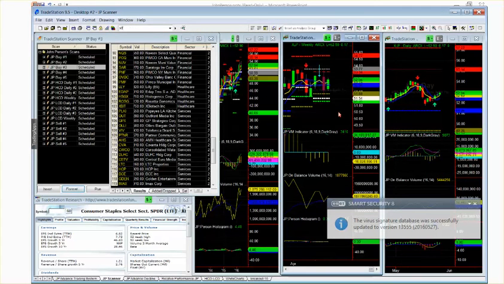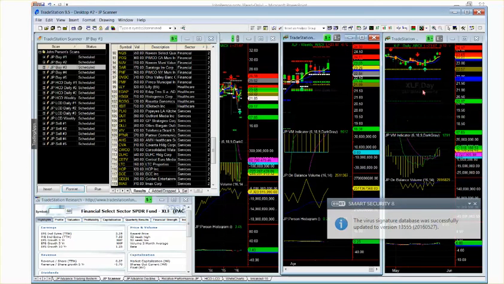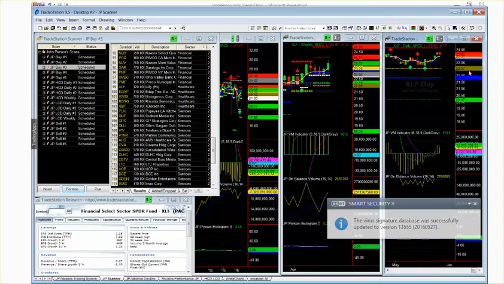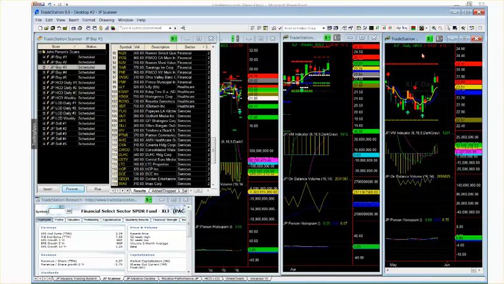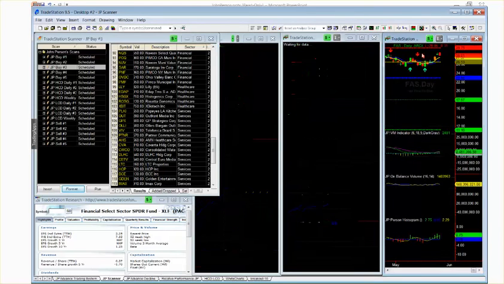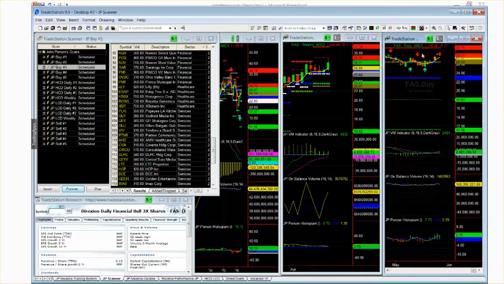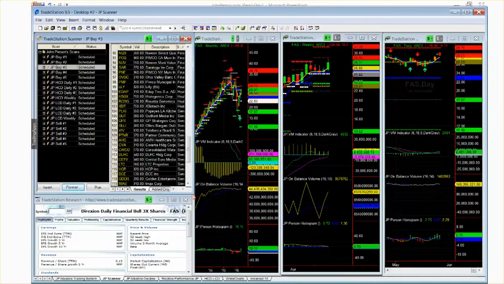And coincidentally, the XLF, while granted you'll probably get a little bit more bang for your buck with an individual stock, but you can also do something like the ETF or the leveraged ETF like FAS.